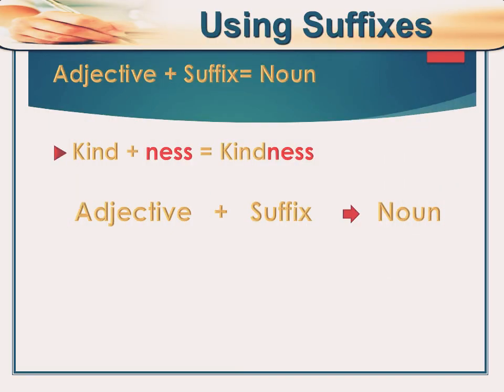So how can we form or create nouns through suffixes? We can create nouns through suffixes by attaching a suffix to the adjective. For example, let's analyze the example in this slide. We have the adjective kind, and if we add the suffix ness, we obtain kindness.